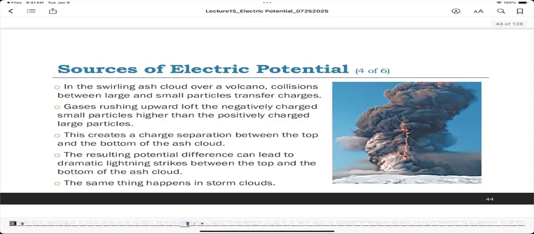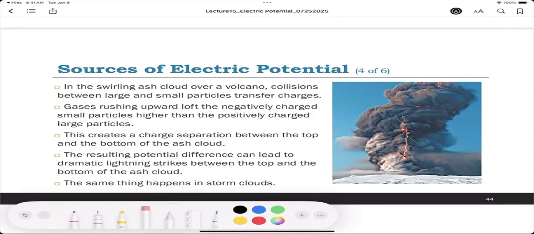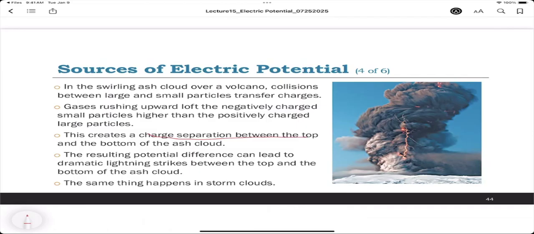This creates a charge separation between the top and the bottom of the ash cloud. You can see the negatively charged small particles go here, and the positively charged large particles stay here.